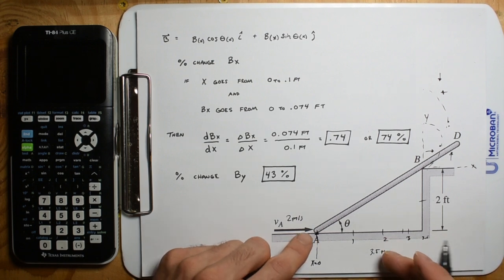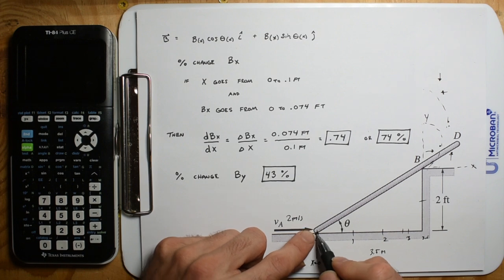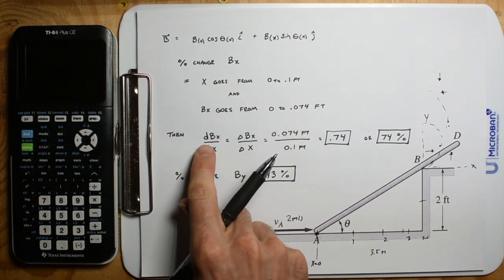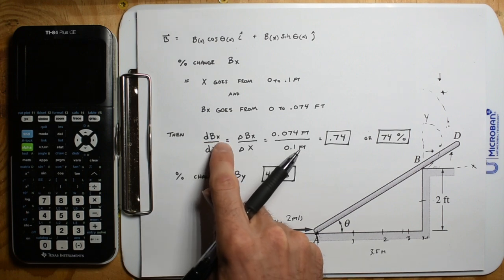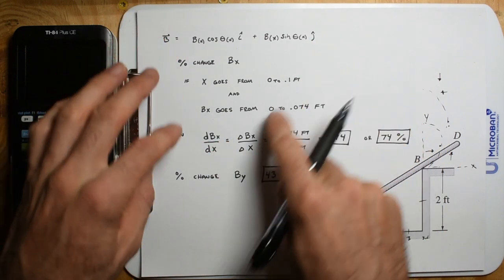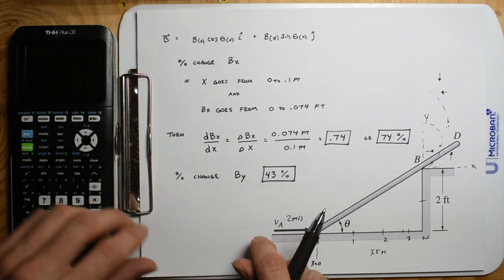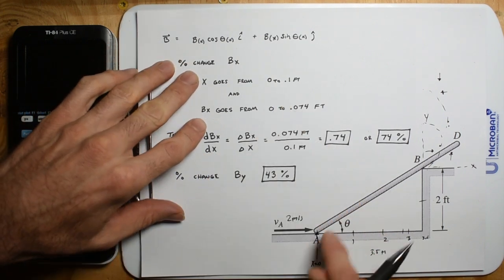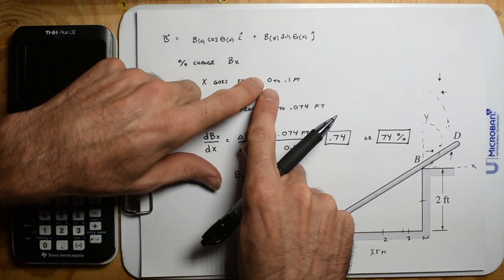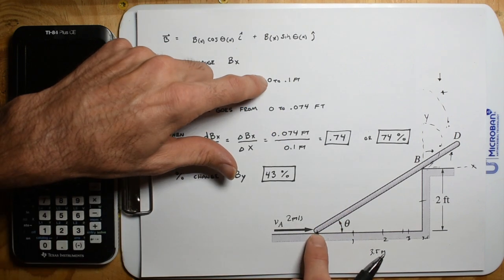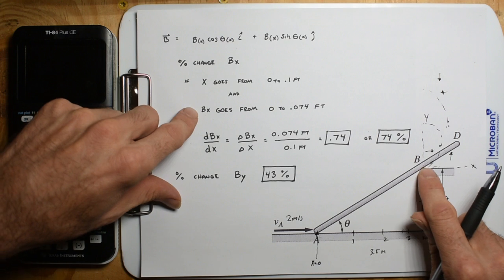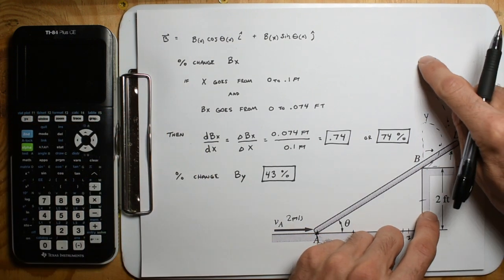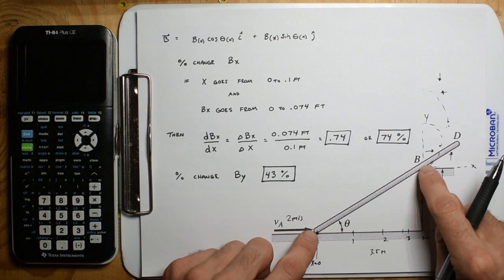Okay, so now what I want to know is, when x goes from 0 to 1, what is differentiating with respect to x? If I have my position vector and I differentiate with respect to x, and you have to do this in smaller bites, let's say x goes from 0 to 1 foot. Looking at this, we're going to come up like this, and that's going to be the path of b.